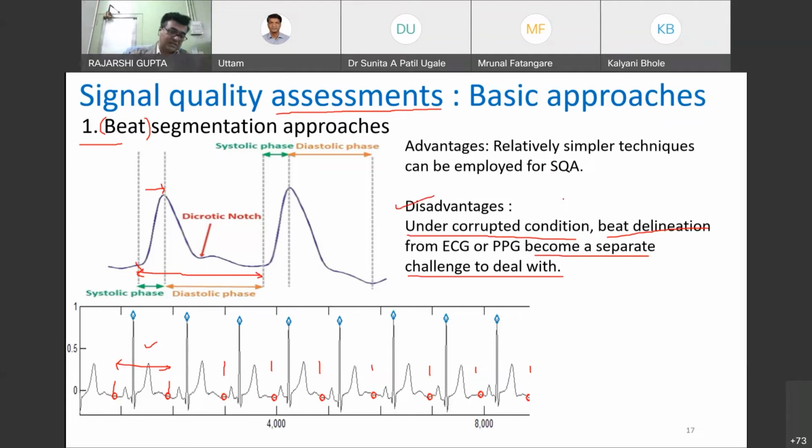But once you delineate the beat, that means you extract the cardiac cycles, you can apply relatively simpler techniques for signal quality assessment. So this is the first approach that is normally followed in the literature, that is the beat segmentation approach.